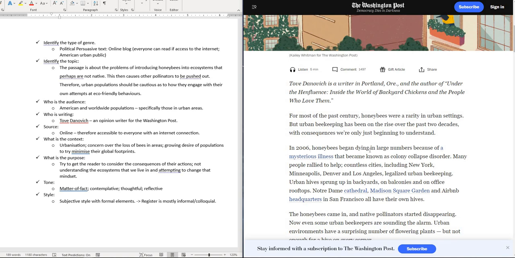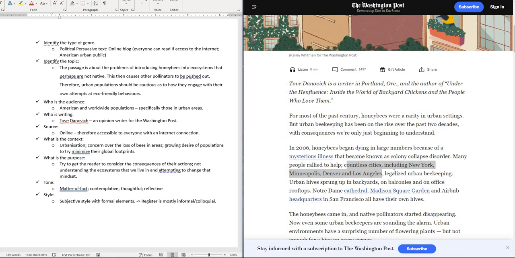We know that our author is implying here in this paragraph that the reason why the honeybees are becoming problematic is because we're trying to minimize the idea that we're running out of honeybees. So everybody in New York, everyone got on the honeybee bandwagon and started creating their own honeybees.